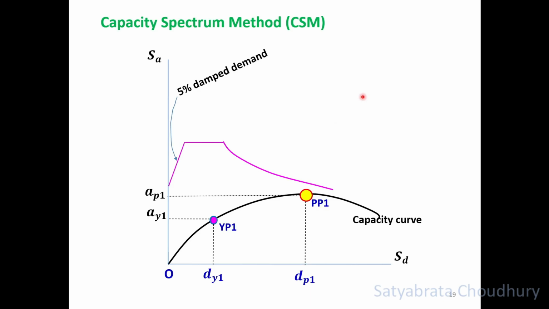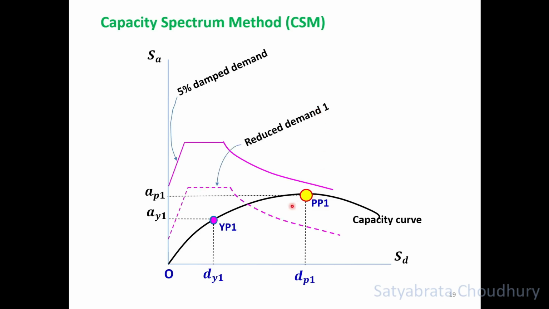So the capacity spectrum method, let us further explain. In the previous slide of ATC 40, we have shown the reduced demand diagram gradually going towards the downside. But it may not be so. Depending on the performance point you select, it may go on the upper side also and it may go on the downside also with respect to the previous one.